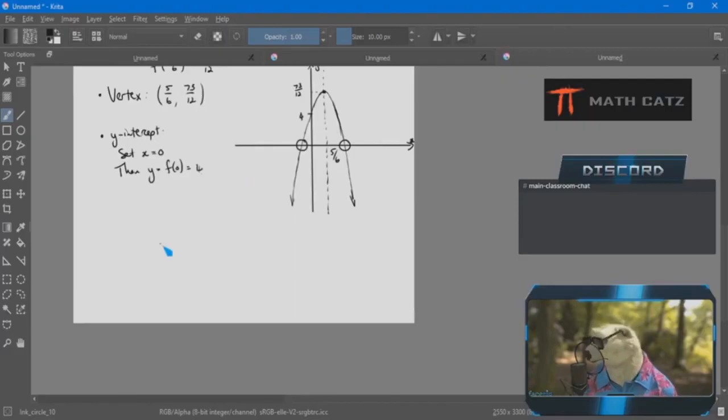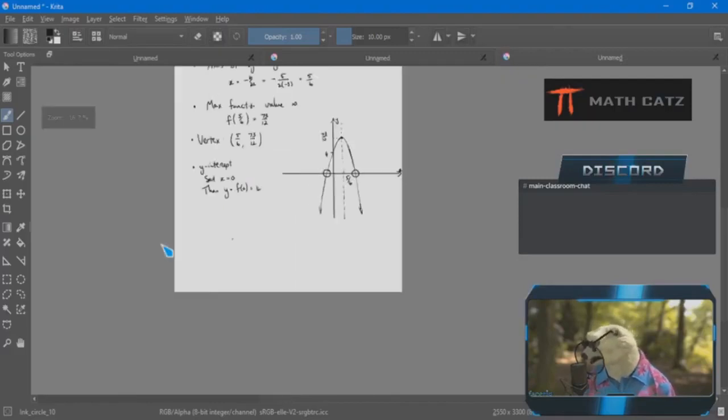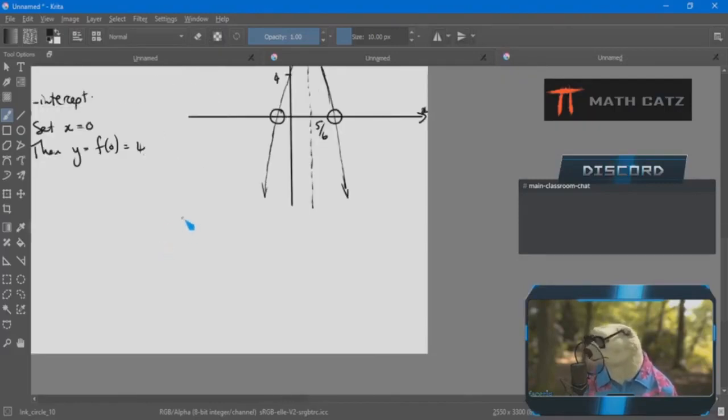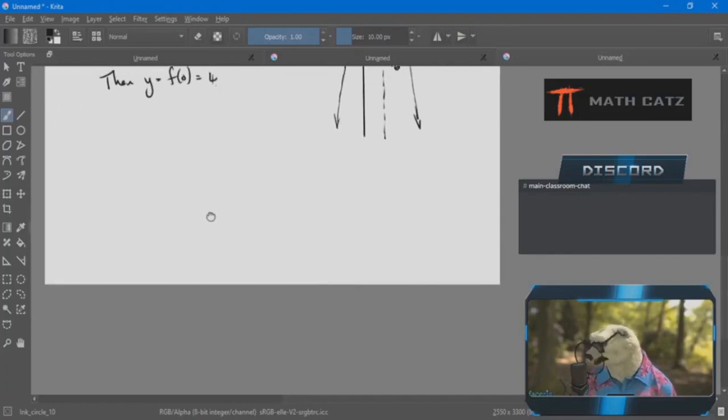Ooh, we have some space, not a lot. Let's hope it's enough. X-intercept. Looking at the graph, I know there will be 2, but sometimes there is, sometimes there isn't.